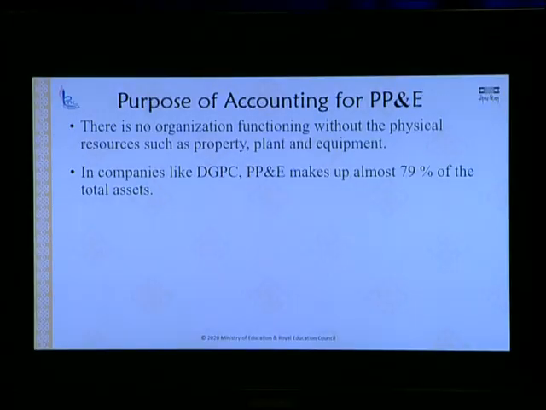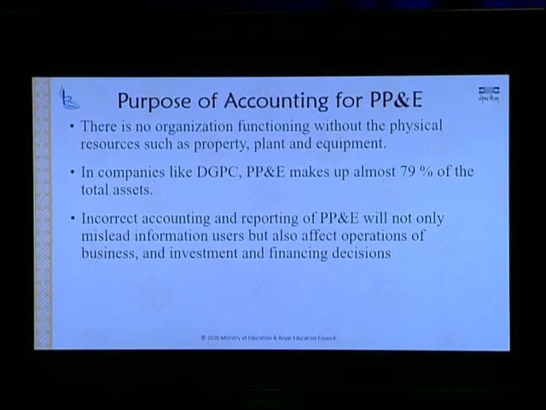Be it a small scale or be it a large scale, all the organizations will have property, plant and equipment in their financial statement. The second reason is that in companies like DGPC, PPE makes up almost 79% of the total assets. If you happen to look into their statement of financial position, you will see 79% of total assets is property, plant and equipment.